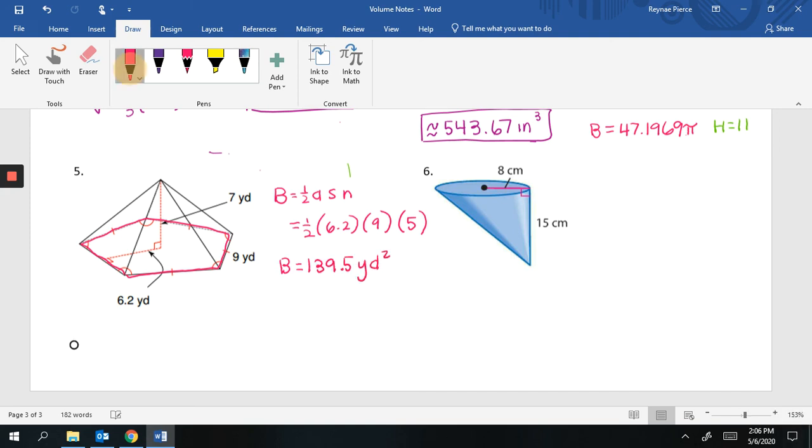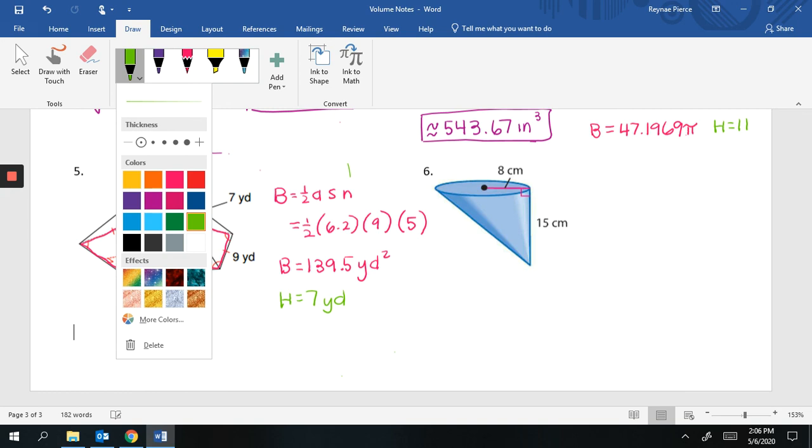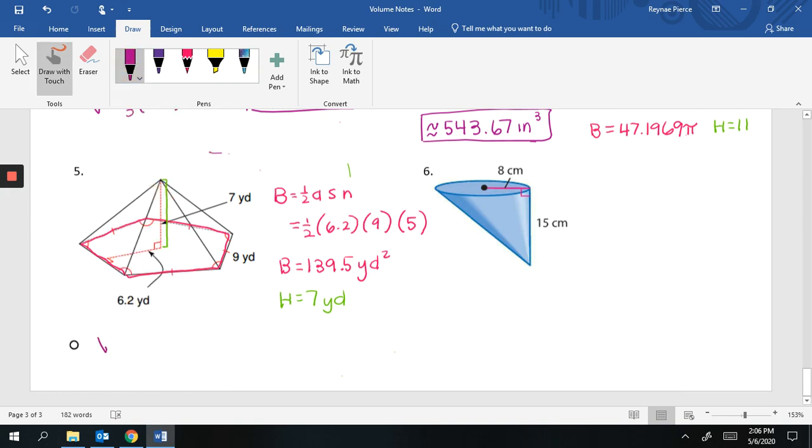Our height, pretty straightforward in this one, from vertex perpendicular to the base is 7. And to find that volume, 1/3 times the area of the base times the height is 325.5 yards cubed.